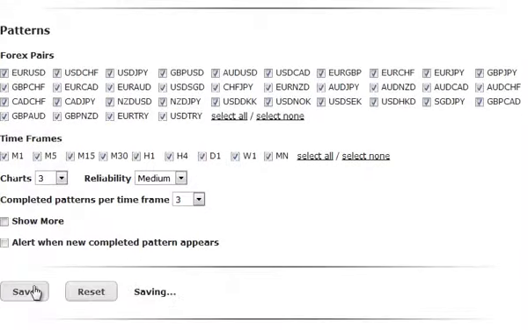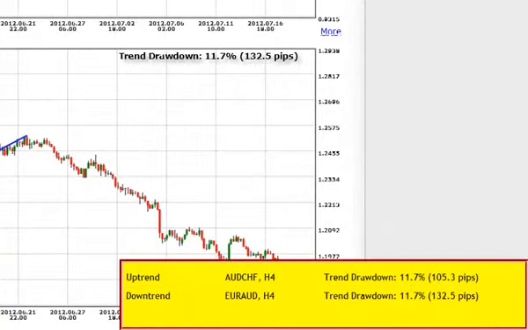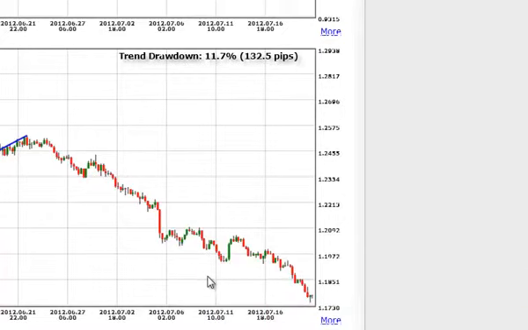Then click Save. And the audible alert will let you know when the lowest drawdown on any chart falls below 15%. Another approach used by more conservative traders is to check the charts just once or twice a day and simply make a trading decision. Very easy.